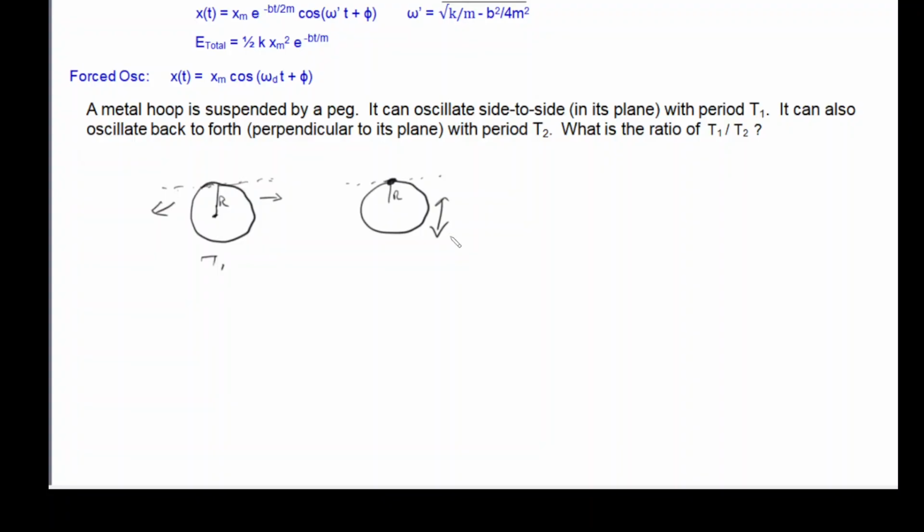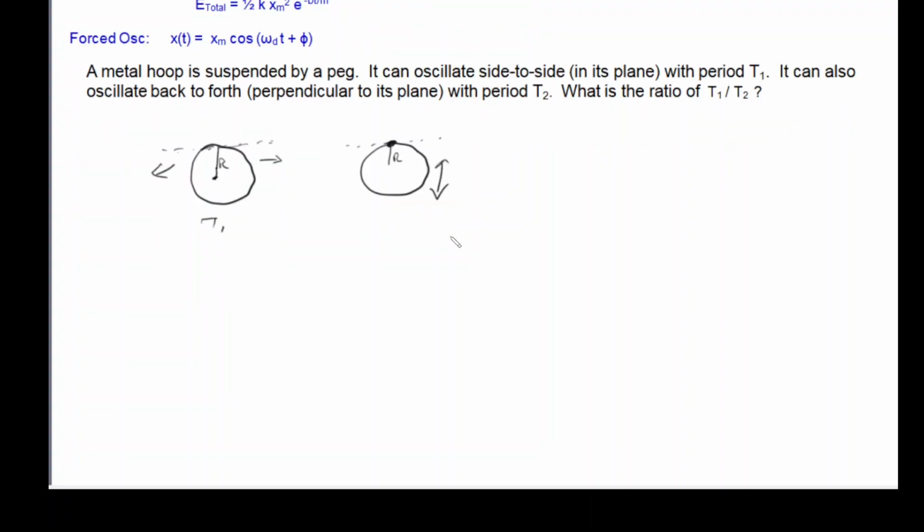So for a physical pendulum, we know that the period T is equal to 2 pi times the square root of I divided by mgh. In this case, h is equal to r again.